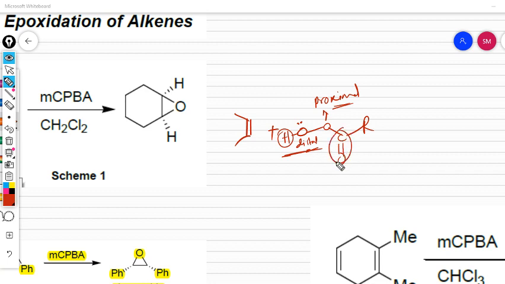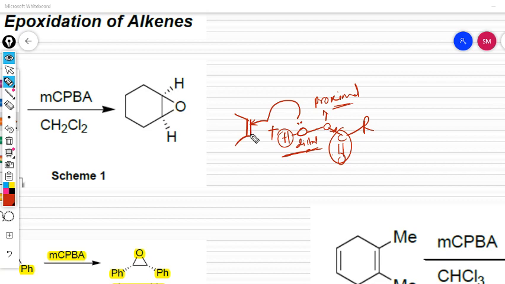The oxygen which is near to the carbonyl is less nucleophilic because of the withdrawing nature of the carbonyl, and the distal one is more nucleophilic. So this is going to attack the olefin.